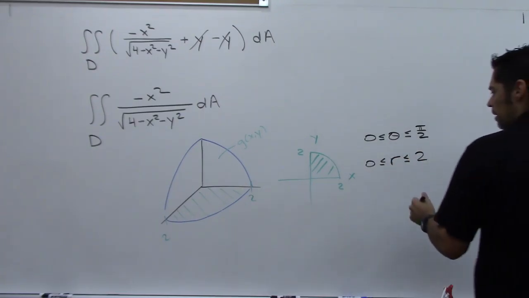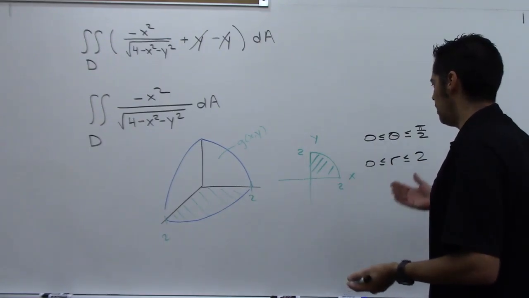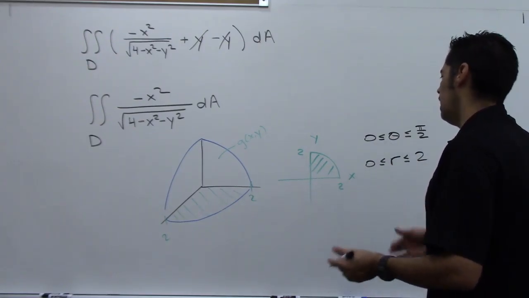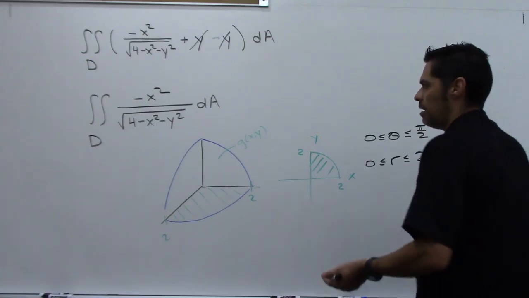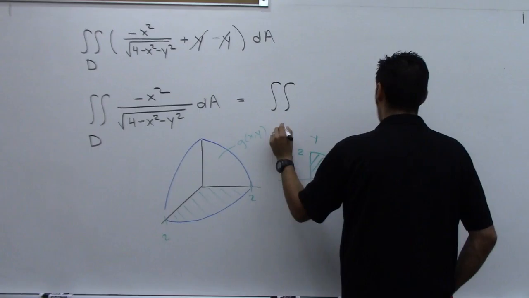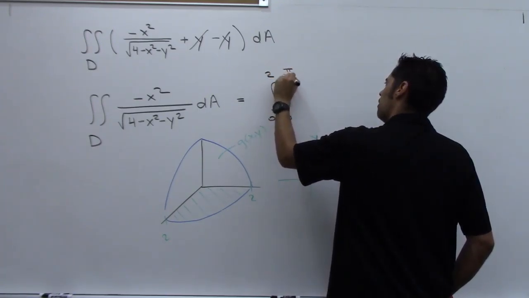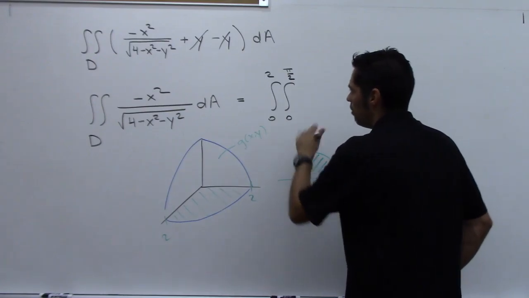And remembering all my things that switch, X becomes, in this case, R cosine theta, and X squared plus Y squared is R squared. So this double integral is going to go 0 to 2, 0 to pi over 2, and I can go either way.